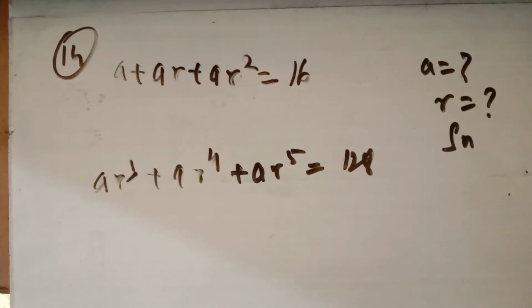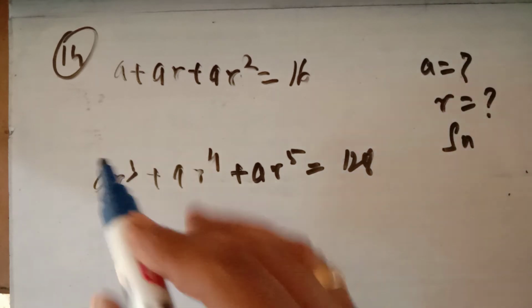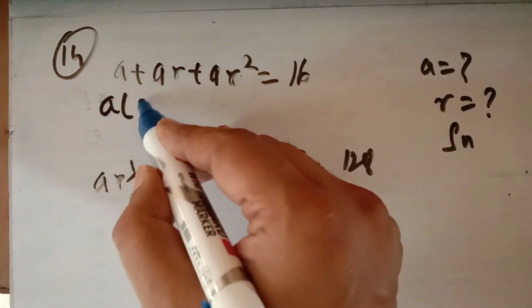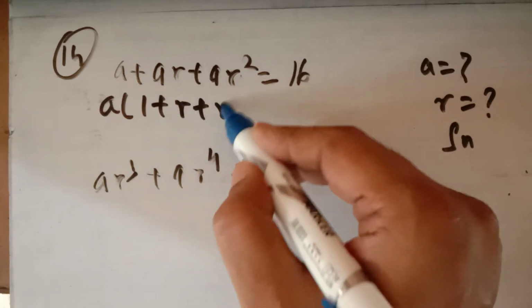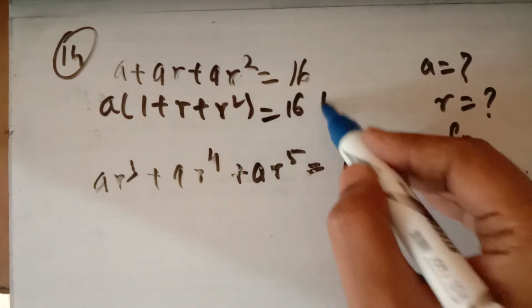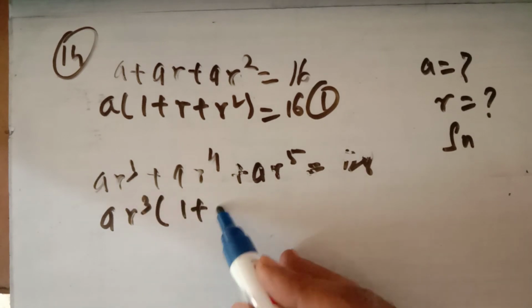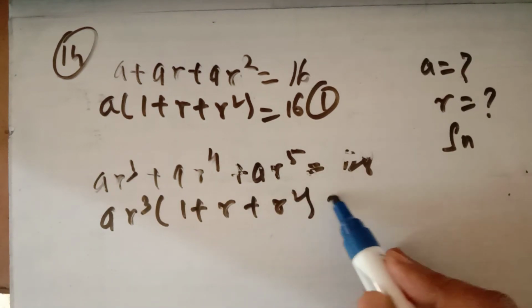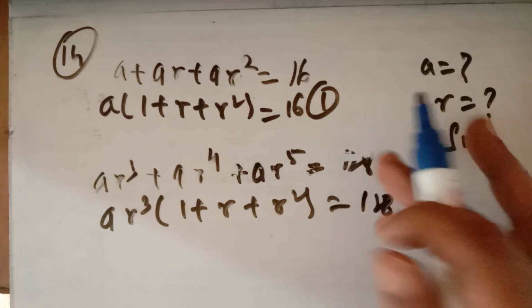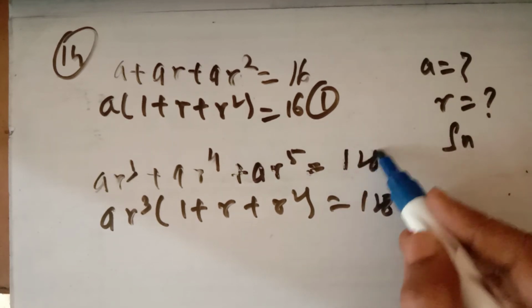So always remember, when we have 2 equations in geometric progression, we always solve them by dividing, but in case of AP we subtracted the equations. So take a common, it will be 16. Here also you can take AR cube common, so AR cube into 1 plus R plus R square is equal to 128.